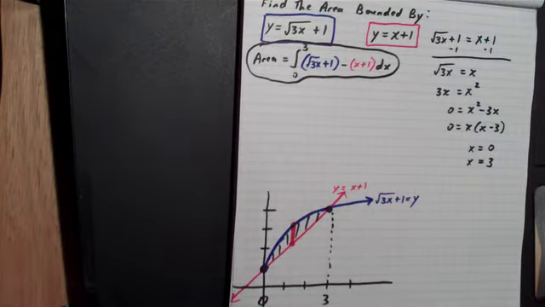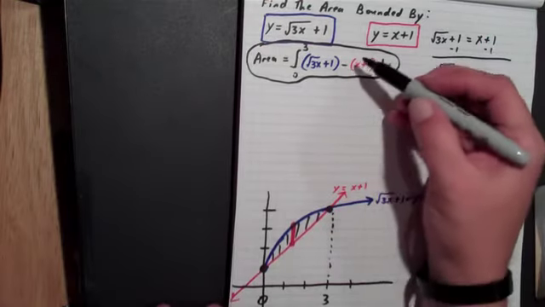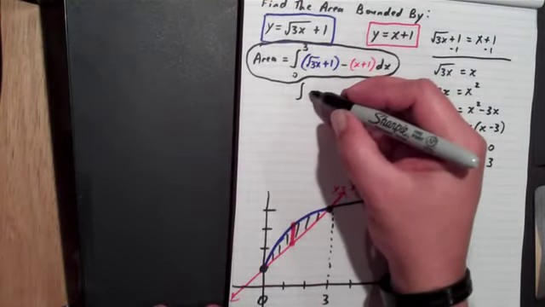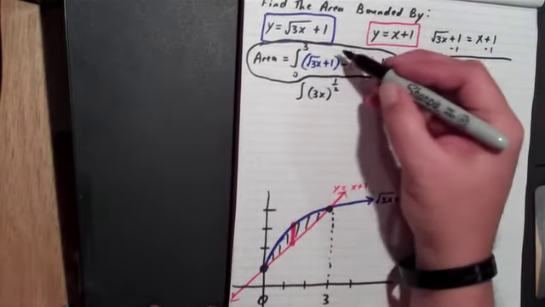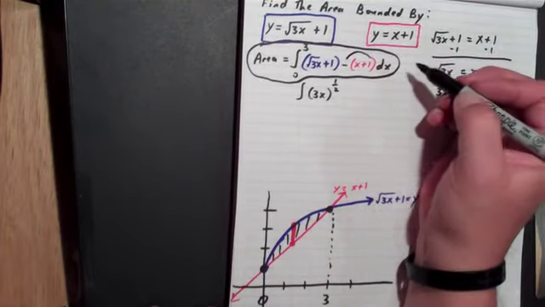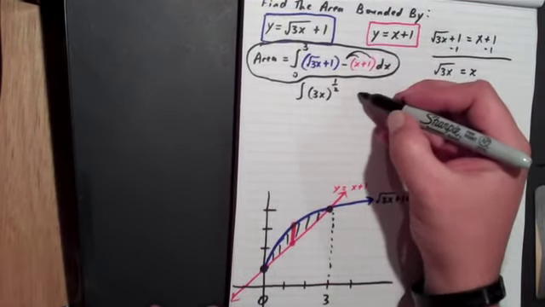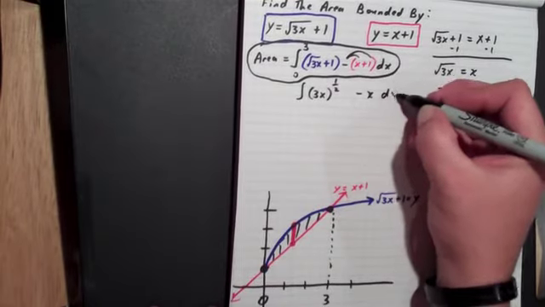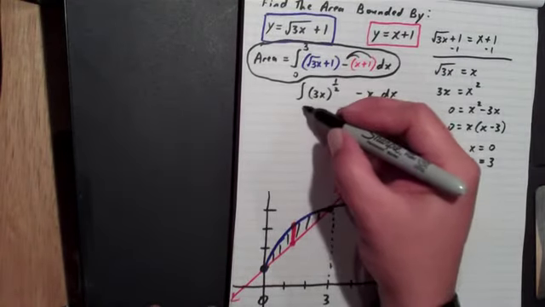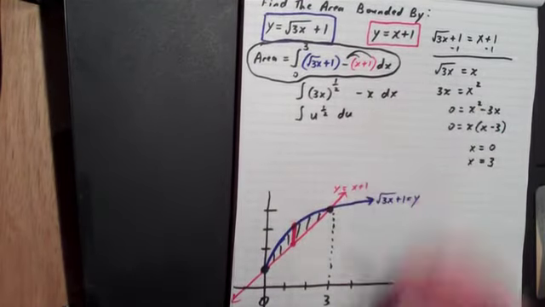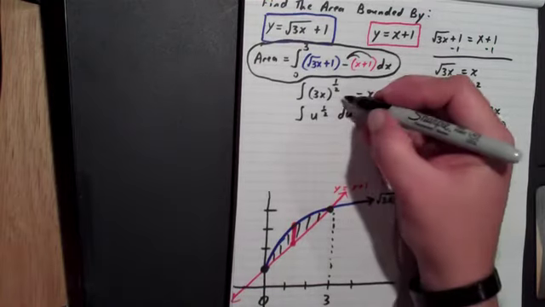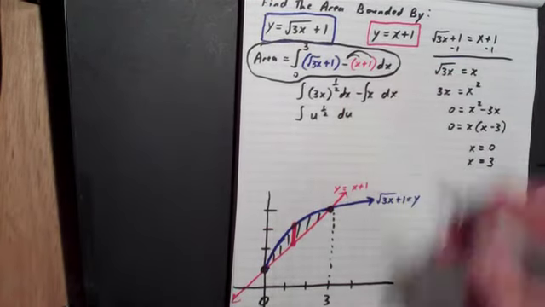Now before I evaluate this integral, I suggest you always simplify, because usually things will subtract off or it might clean up a little bit. In this case, I have the square root of 3x, and I believe 1 and a negative 1 are going to subtract off, and then just minus x. To integrate this first one, how can I make it into u to the 1/2 du? Remember, you can do these as two separate integrals if you like.